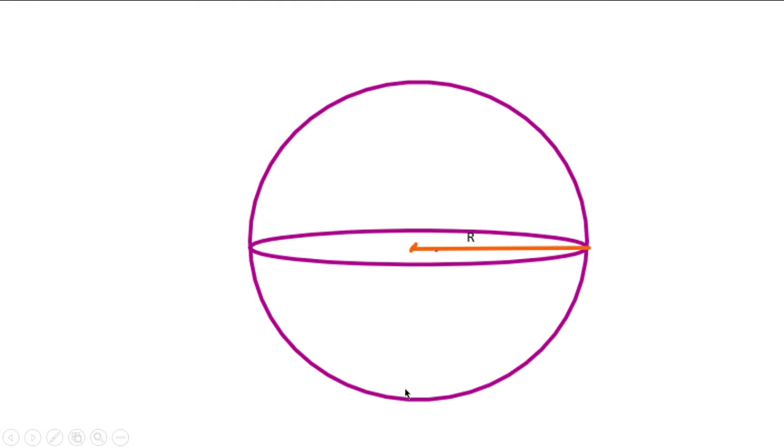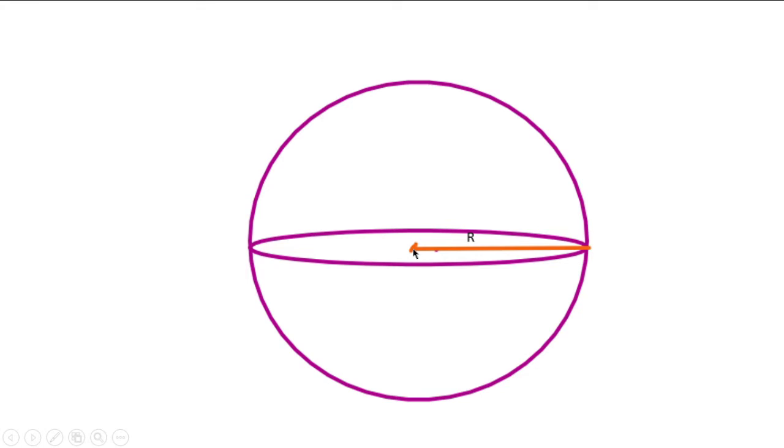But because the radius is 0, the volume is again going to be 0. So what do we have as our radius range? The maximum radius can be the radius of the sphere, and the minimum radius is 0. And in both cases the volume is 0.